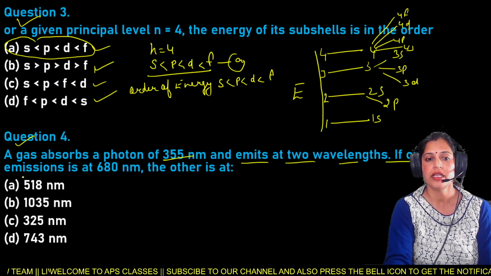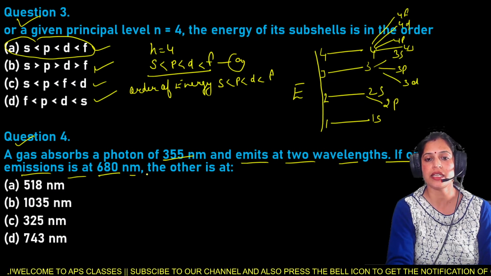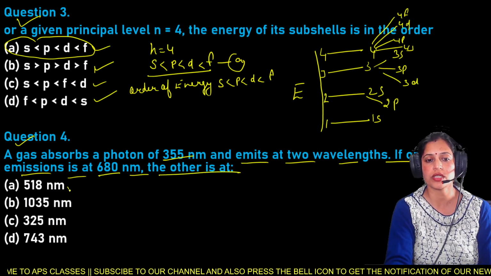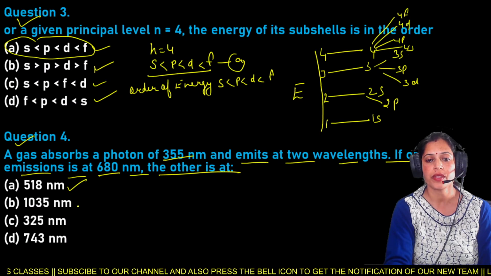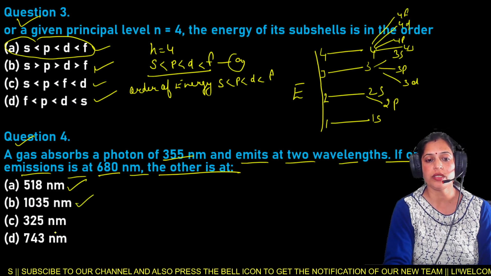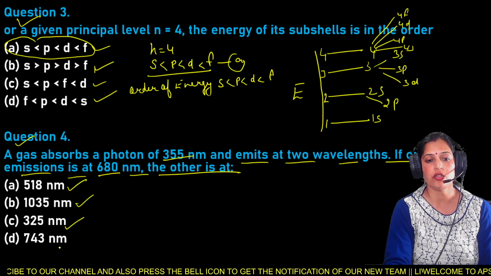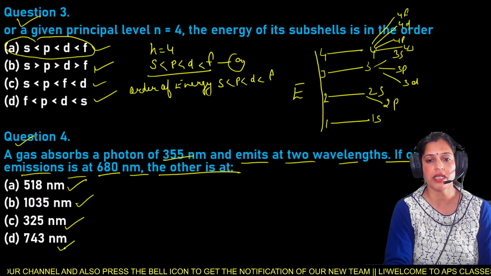If one of the emissions is at 680 nanometer, the other is: options are 580 nanometer, 1035 nanometer, 325 nanometer, and 743 nanometer.